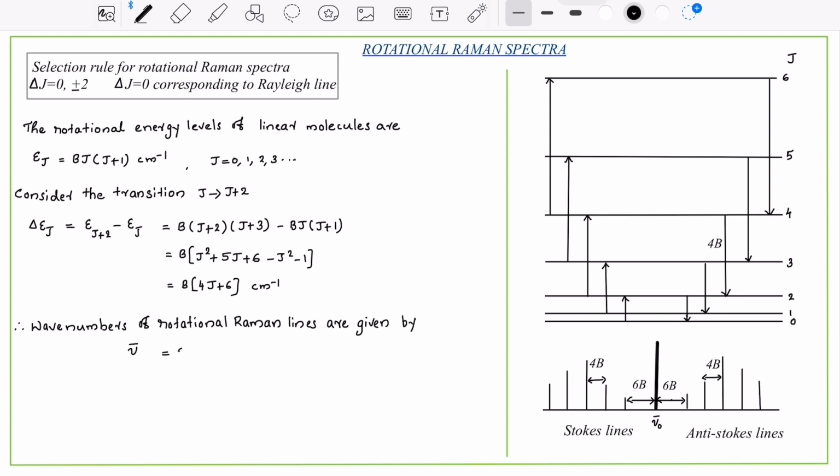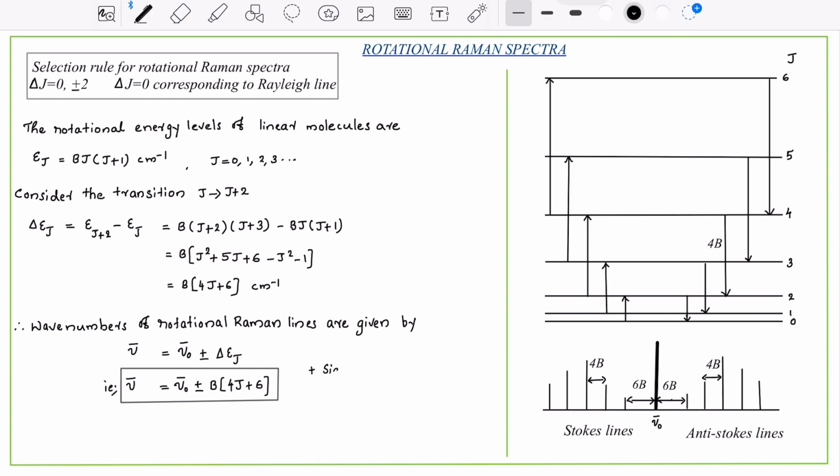Then we can say ν bar is equal to ν0 bar plus or minus ΔE_J, which is equal to ν0 bar plus or minus B(4J+6), where J represents the lowest rotational state.